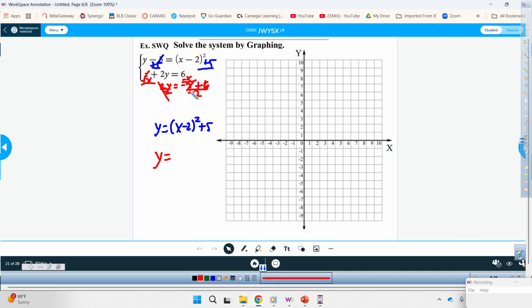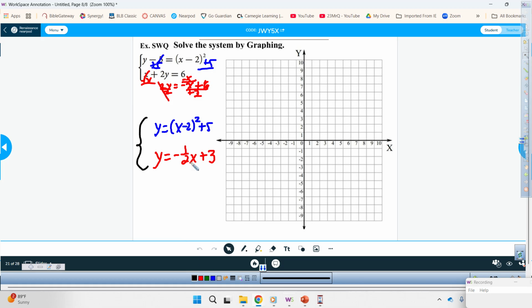Well, it's positive 2. So we end up with negative 1/2 x, and 6 divided by 2 is 3. Yes? All right. And that's my new system.